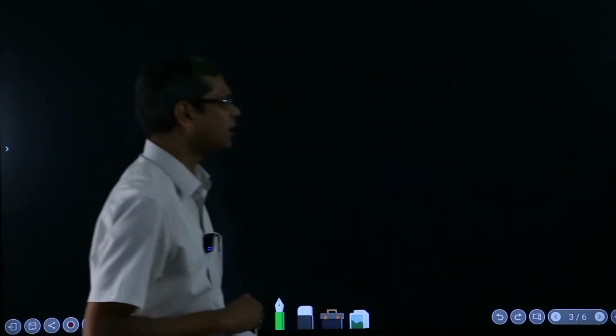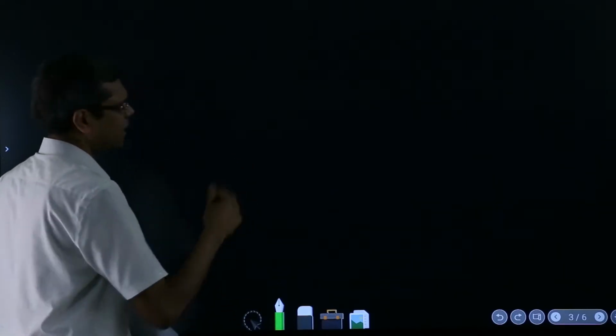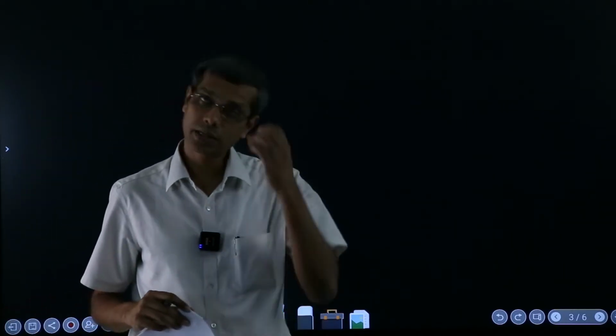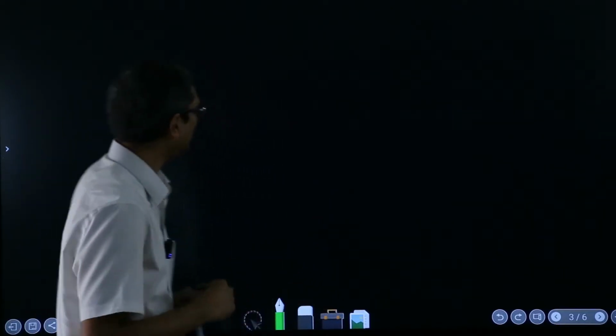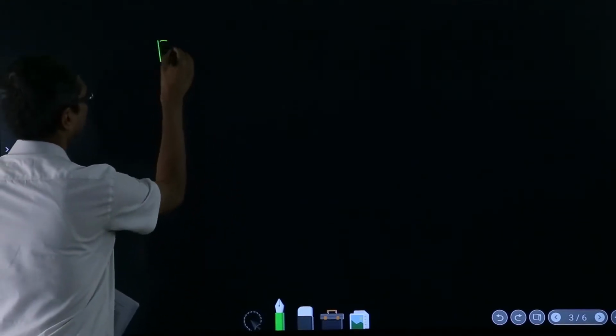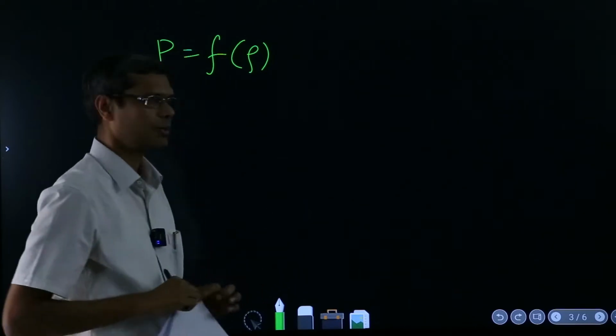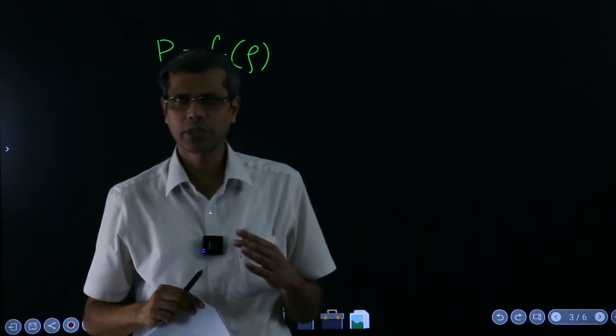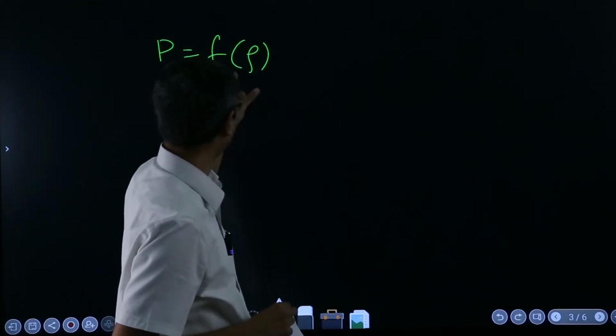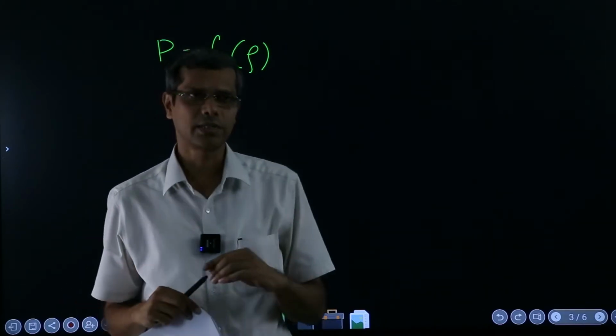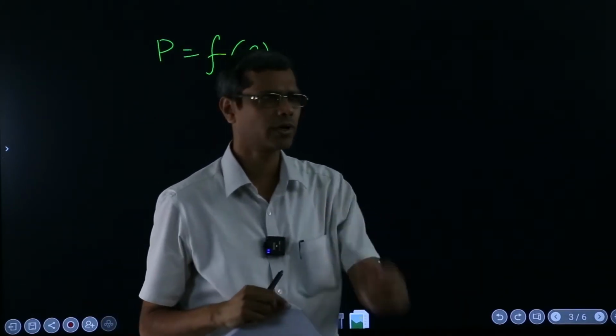Okay, now it's very natural that pressure, you can think of as some function of density. We don't have to think what function this pressure is of density. Some function, it will be a continuous function of density.